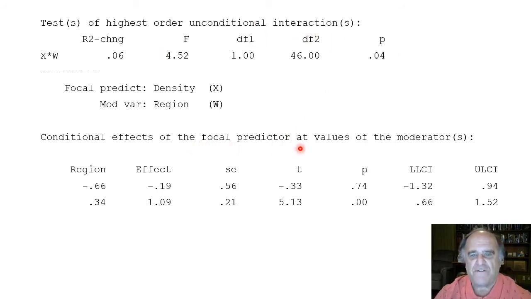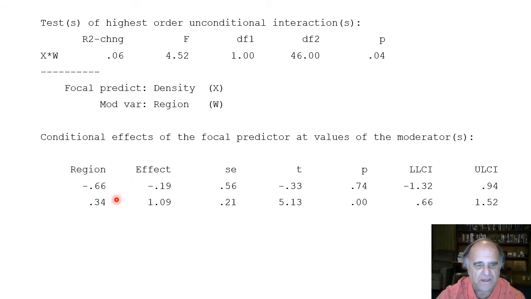We have the conditional effects of the focal predictor at values of the moderator. Note in this case, I let it go ahead and center a dummy-coded dichotomous variable, which to me doesn't really make sense. I said that before. I just went ahead and did it to see how it would come out. And so you can see when we do it, then it standardizes or centers those values.